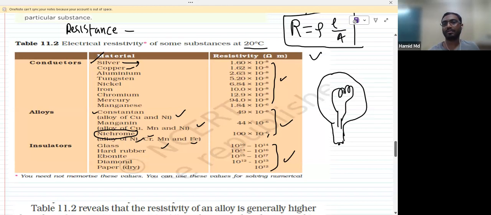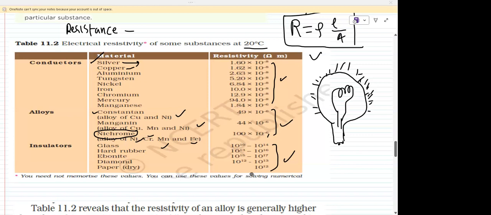Have you seen such a bulb in your life? Yes, sir. Okay, Rizwan has seen it, but I think Jaslyn and Madiha are not that old. Madiha, have you seen such a bulb? Yes, sir. Okay, so we have all seen it.